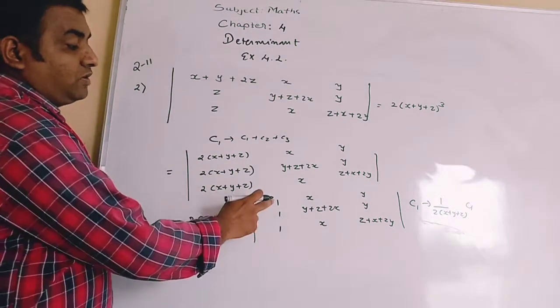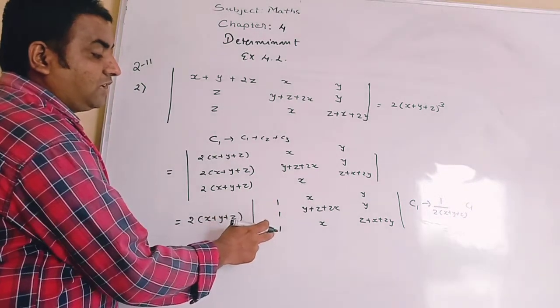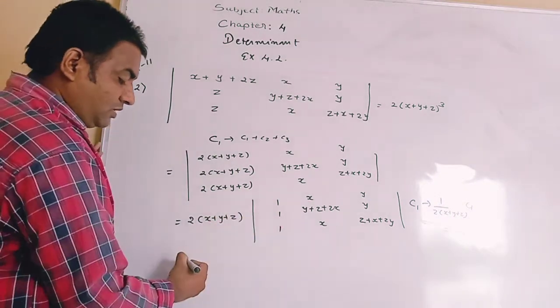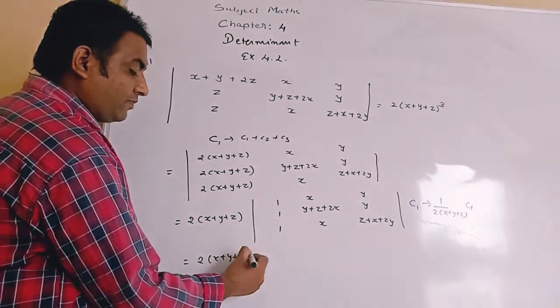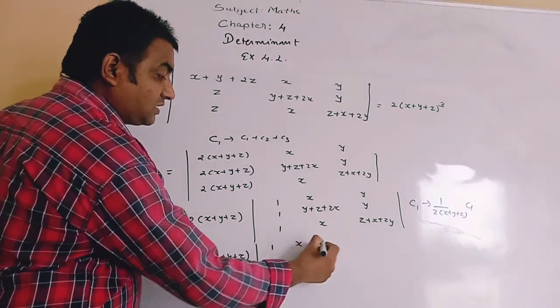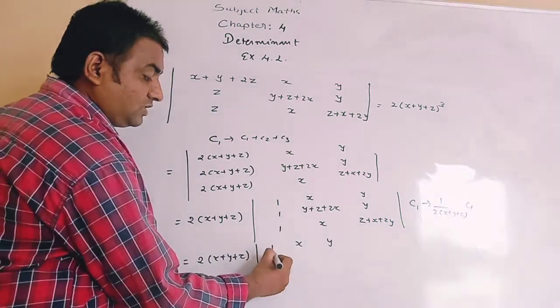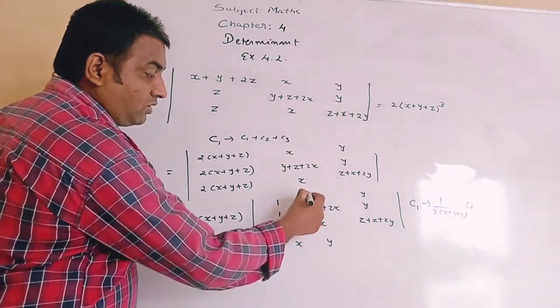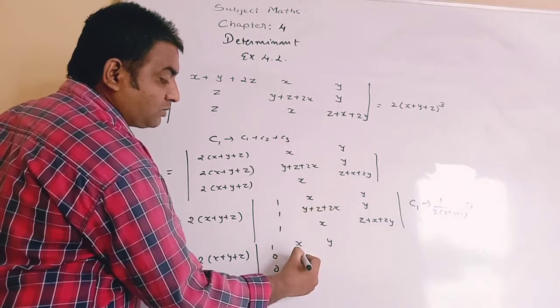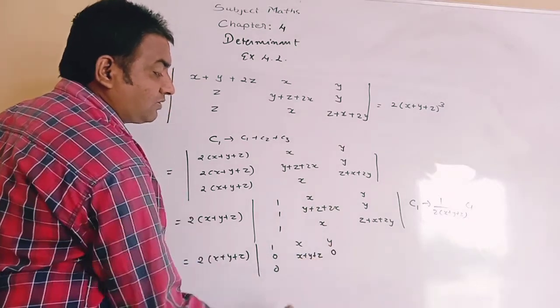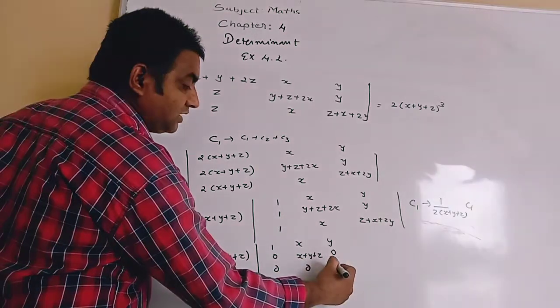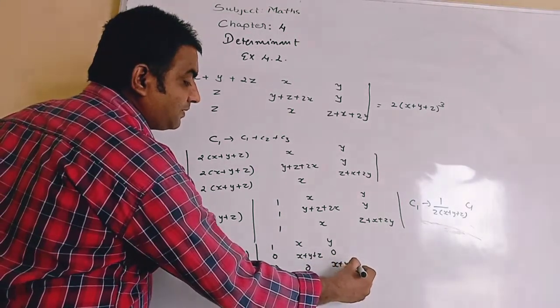So now the first row we subtract from the second and third row, then this 1 1 will become 0. So 2 times x plus y plus z, here 1 x y, 0 0, y plus z plus 2x minus x, so it is x plus y plus z, y minus y is 0, x minus x is 0, and this will be x plus y plus z.